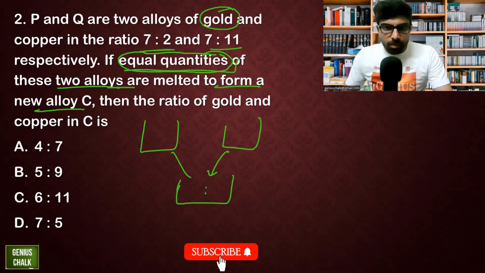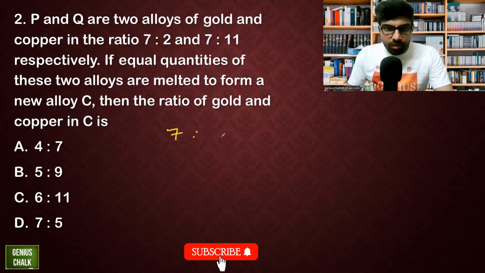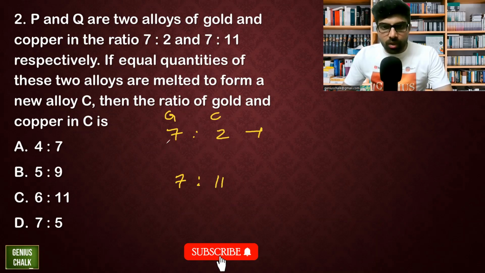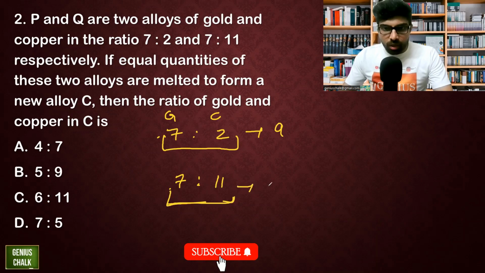So we'll try the same approach, that is 7:2 and 7:11. This is gold, this is copper. The total here is 9, and the total here is 18.